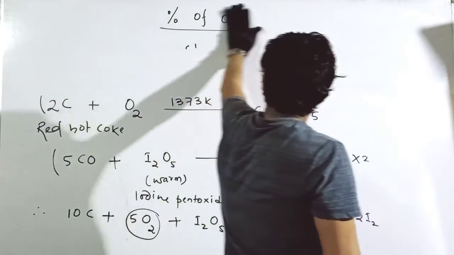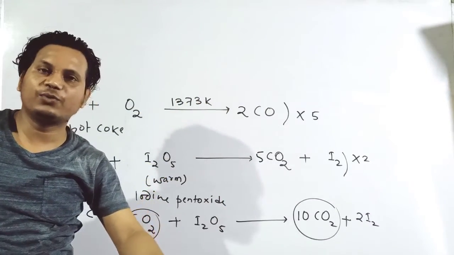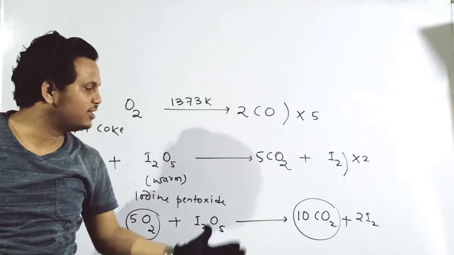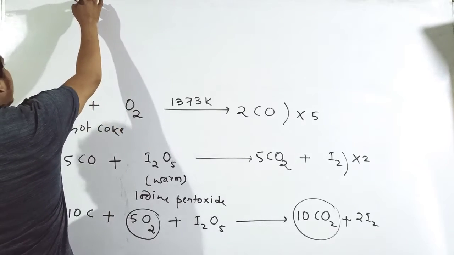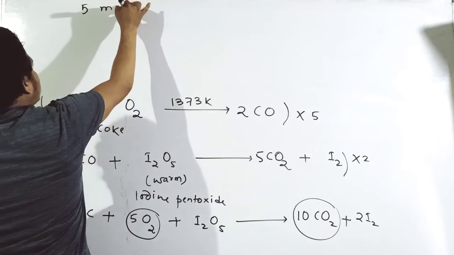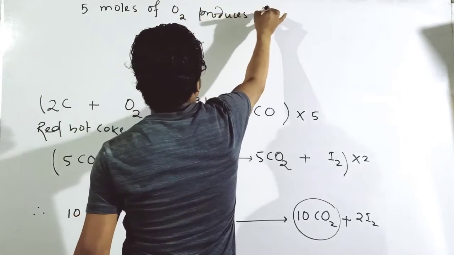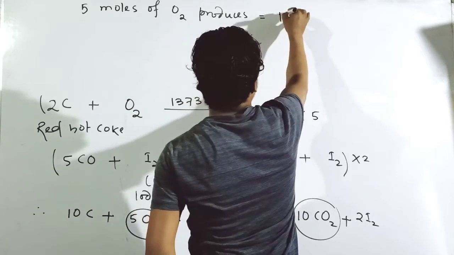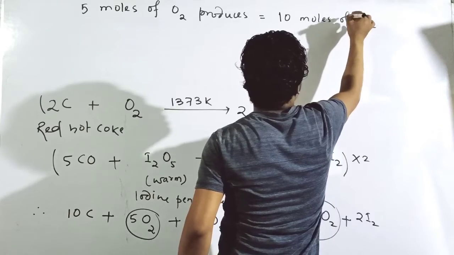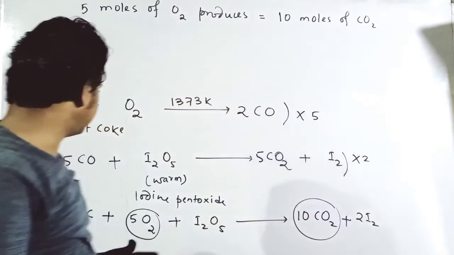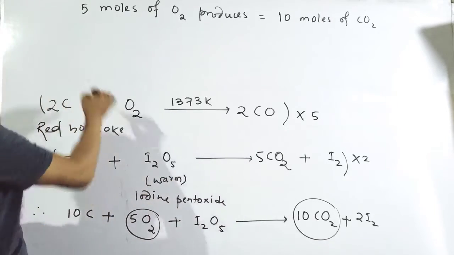Our aim is to calculate the mass of oxygen, because if we can calculate the mass of oxygen, then the mass percentage can easily be determined. So we will say that 5 moles of O2 produces 10 moles of CO2.